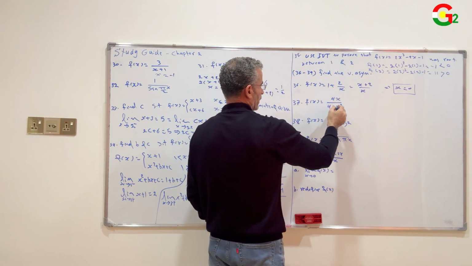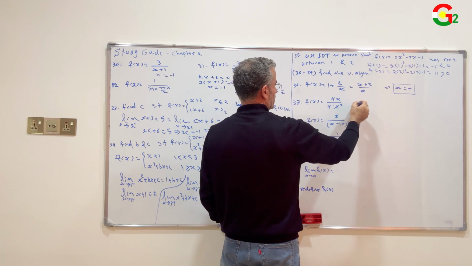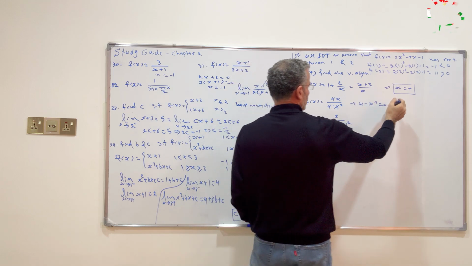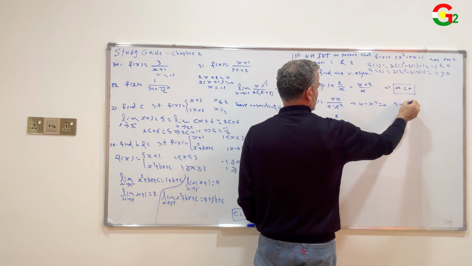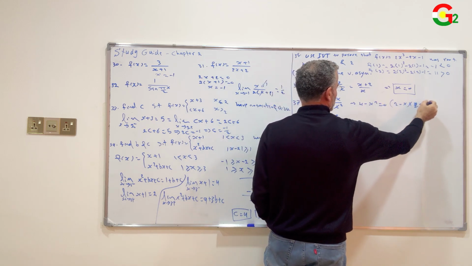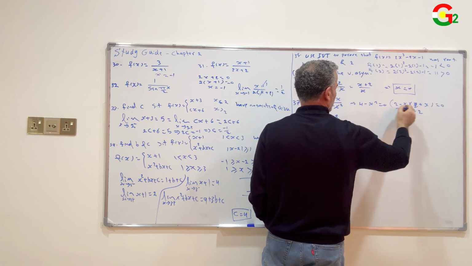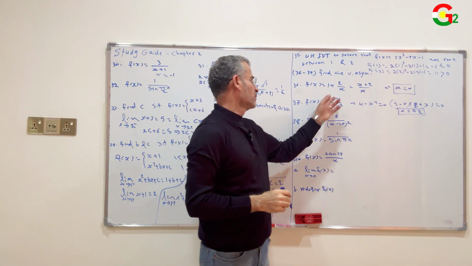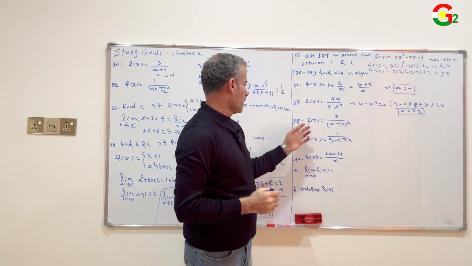f of x equals 4x over 4 minus x squared. Set 4 minus x squared equals 0. Factor the difference of squares, 2 minus x, 2 plus x equals 0, x equals negative or positive 2 are the vertical asymptotes for this function since these values don't make the numerator 0.